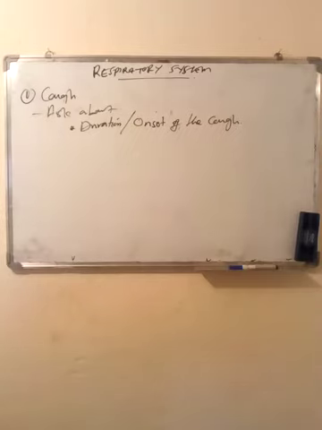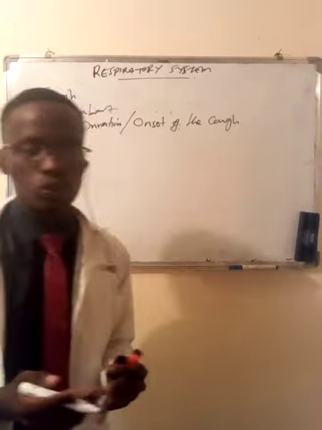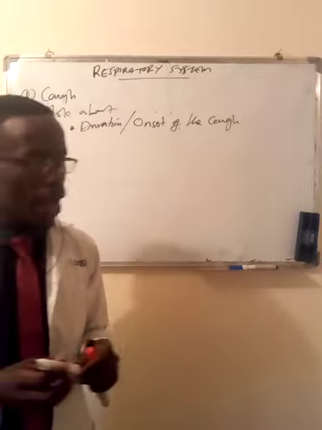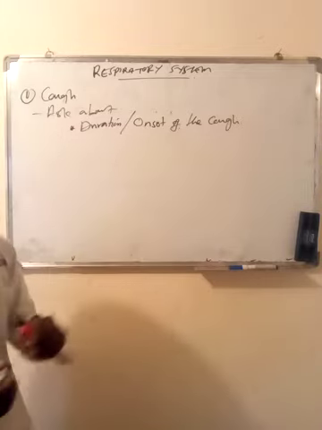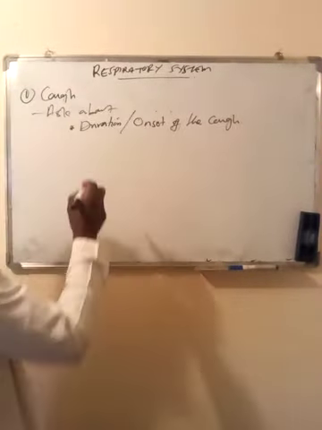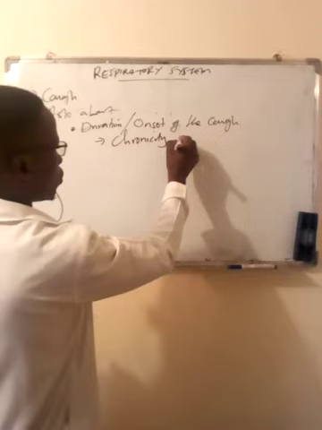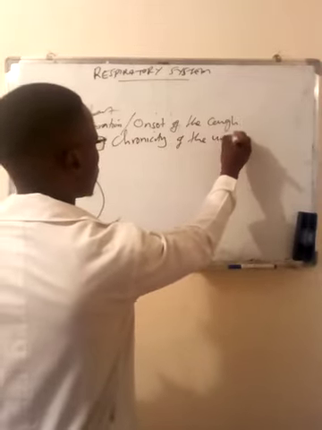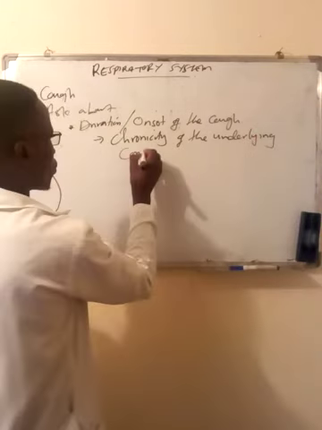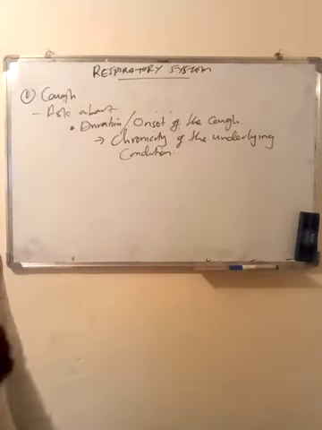Now, why is it important for us to know the duration of the cough? It's important because we are able to tell the chronicity of the underlying condition. When we do that, we're going to classify the causes of cough into acute cough and chronic cough.